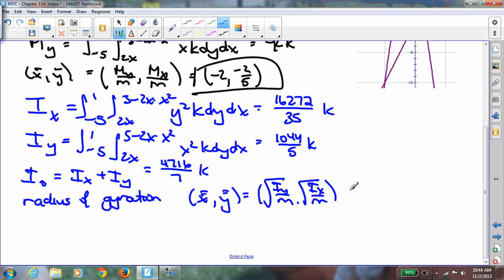So substituting our values above, I got square root of 145 over 5 and 2 square root of 3955 all over 35. Basically, a lot of formulas: either you'll be asked to put it in your calculator or you're just going to be asked to set up all the integrals and then show me which integrals you would use for center of mass, radius of gyration, that kind of thing.